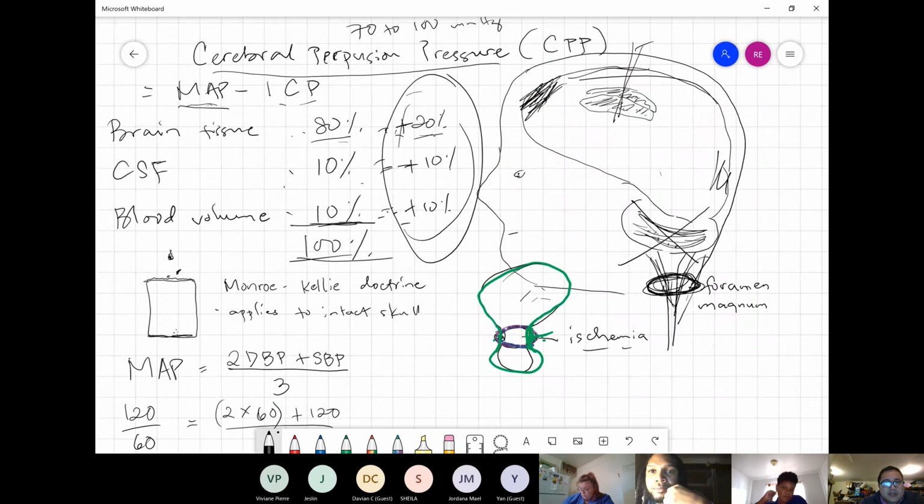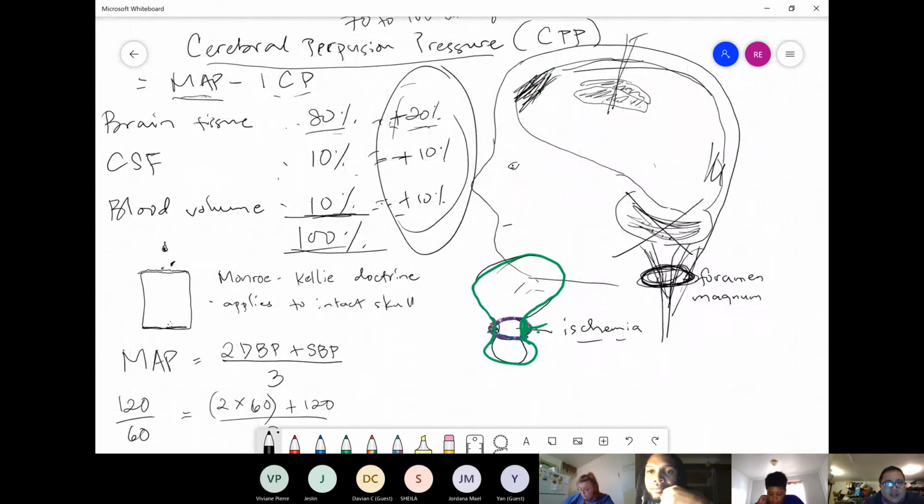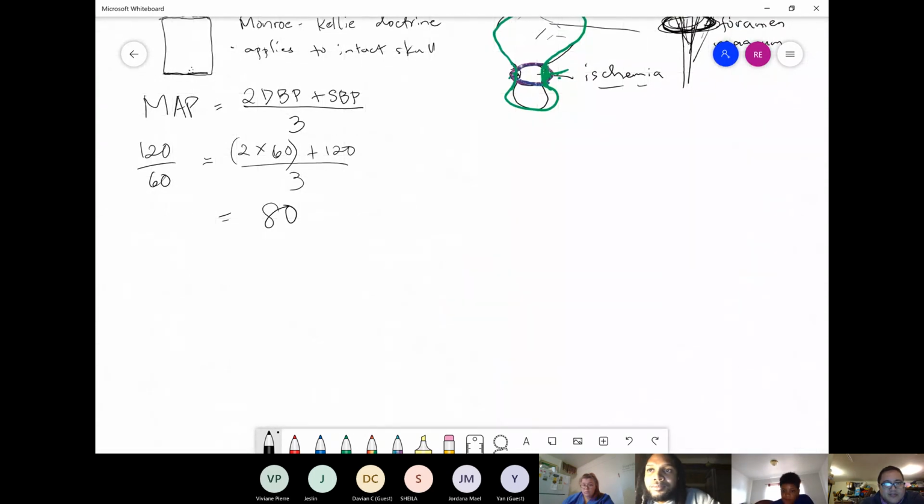Normal ICP is between 10 to 15 millimeters of mercury. After Jordana hit the bottom of the pool, her intracranial pressure increased to 20. What did you say the normal range was? 10 to 15. Don't worry, it's in your book.